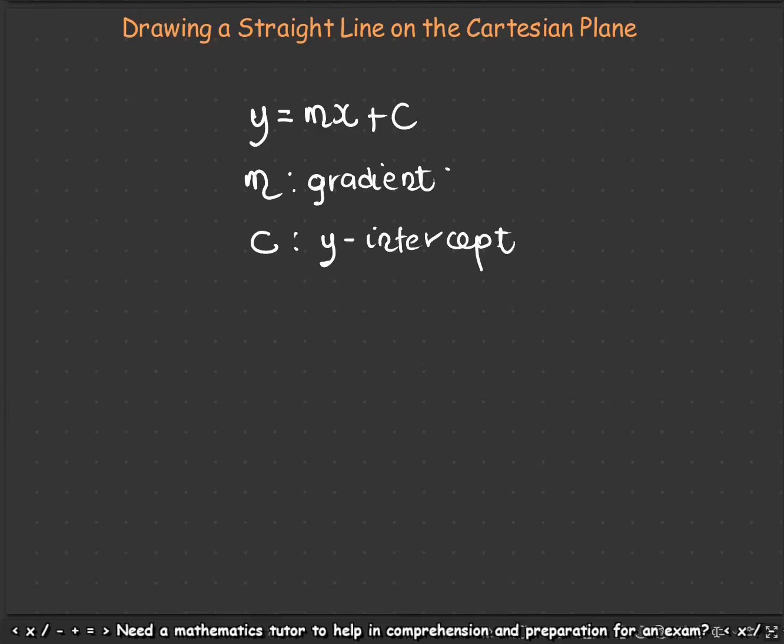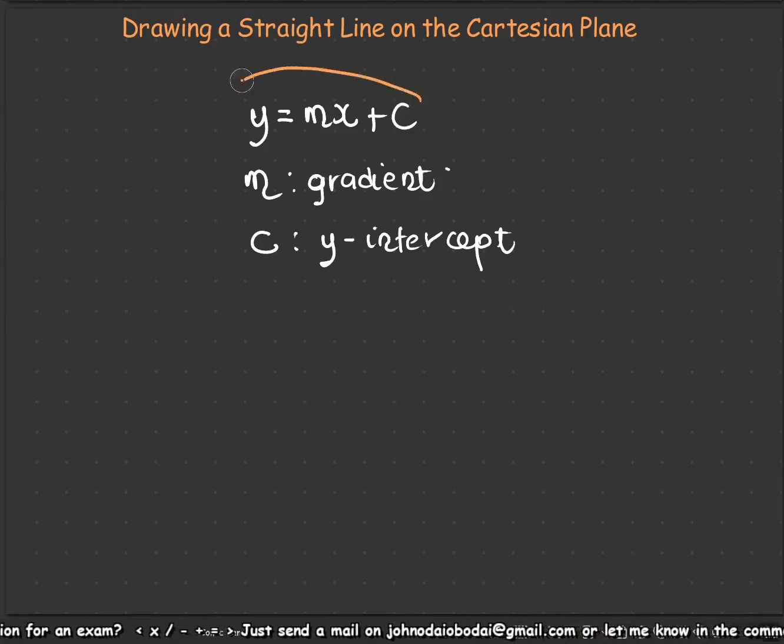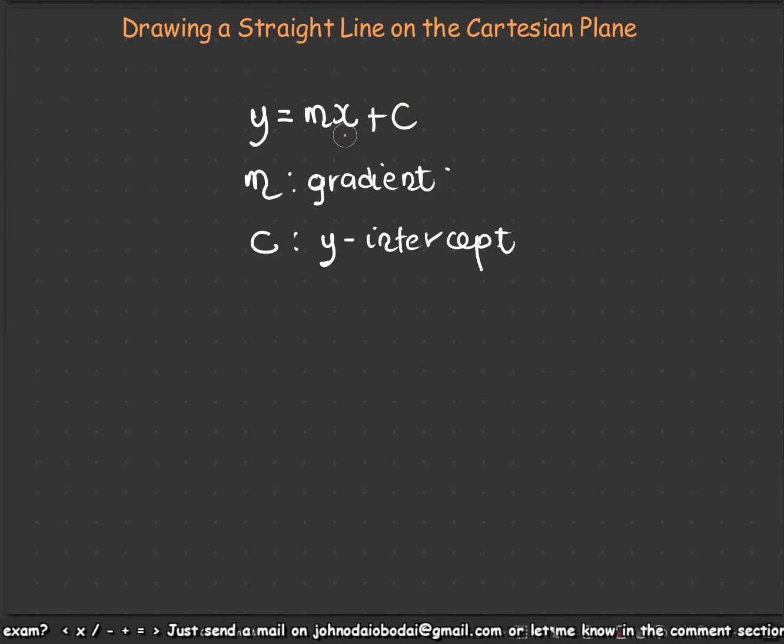Okay, so we are given an equation of a line, and you want to draw it on a Cartesian plane. Then you need to have your range of values of x. If you're able to get the range of values of x, you substitute each value into your equation. So we are substituting each value into what? x.